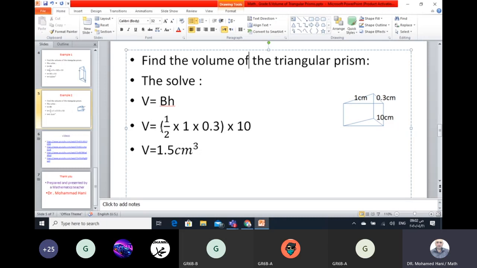So I can write 1/2 multiplied by 1 multiplied by 0.3, times the height of the prism, which will be 10. 10 multiplied by 0.3 will be 3, multiplied by 1 will be 3, 3 divided by 2 is 1.5, and the unit here is centimeter cubed.